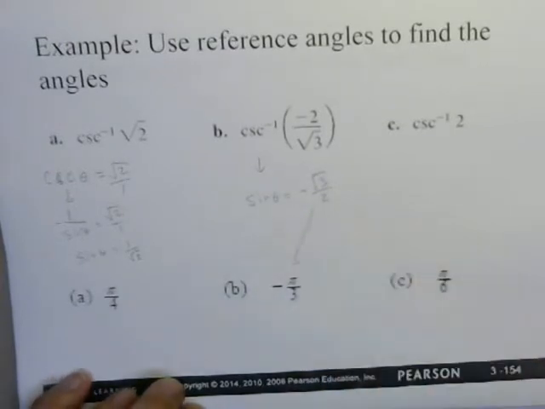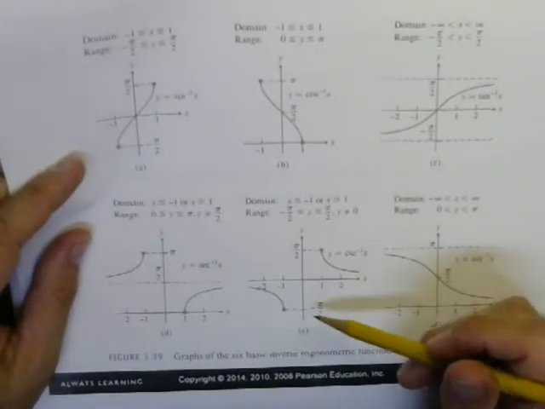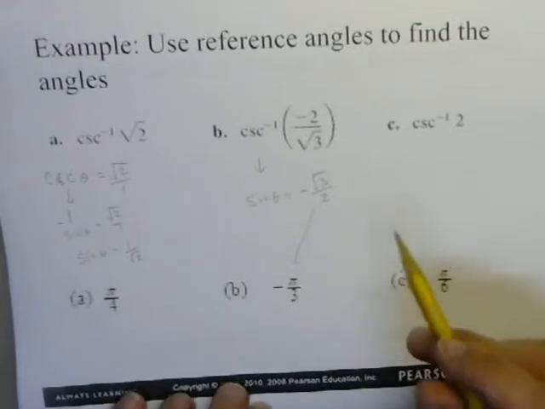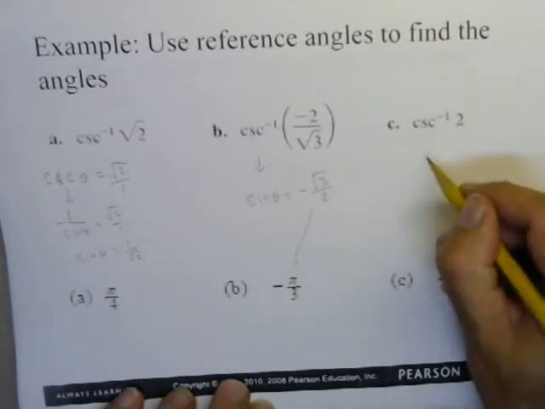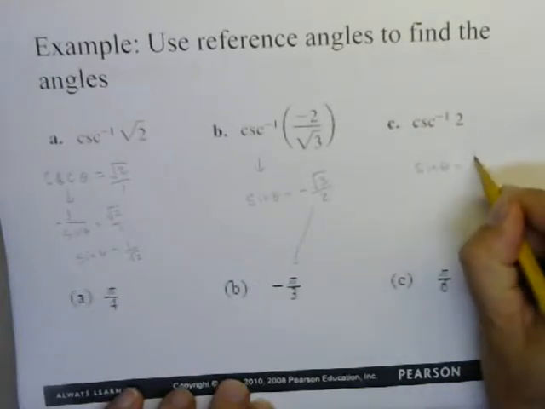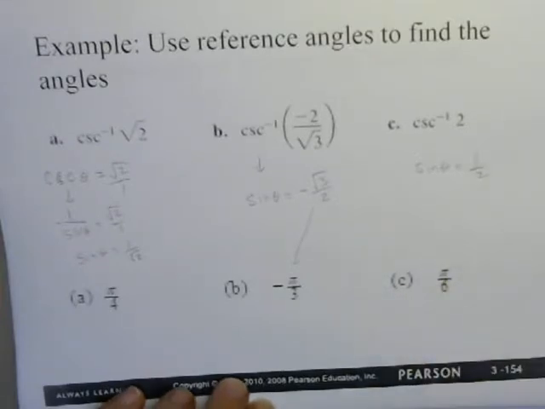Remember, for the cosecant function the angle has to be between negative pi halves and pi halves. So although you might think of it as being something greater than pi halves, you should really have a negative value there. Or for something like this, you could think of this as sine of theta is equal to 1 over 2. That would give you a value of pi sixth.